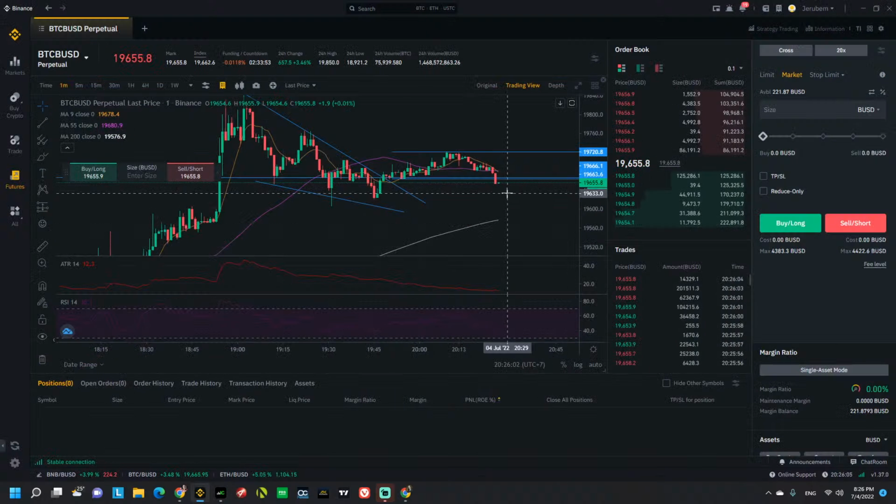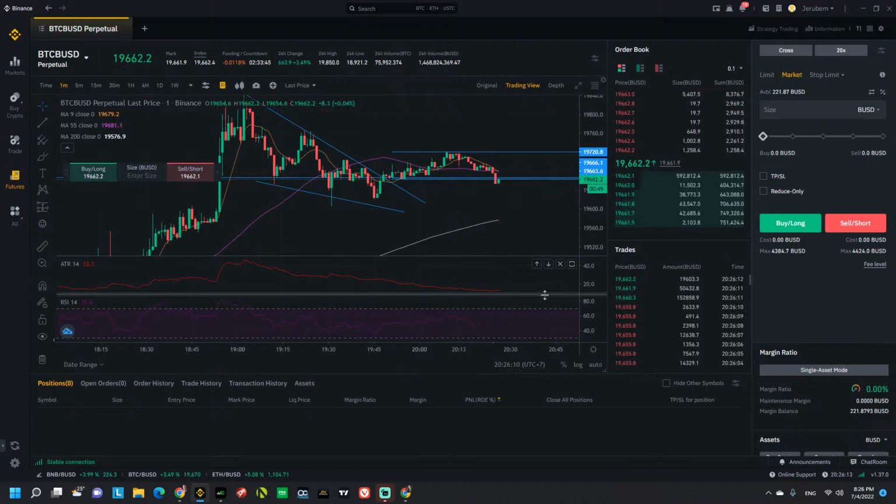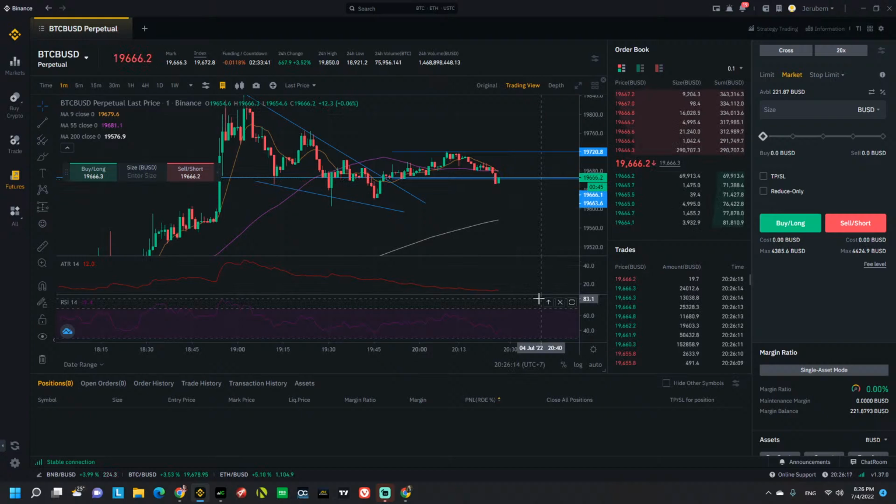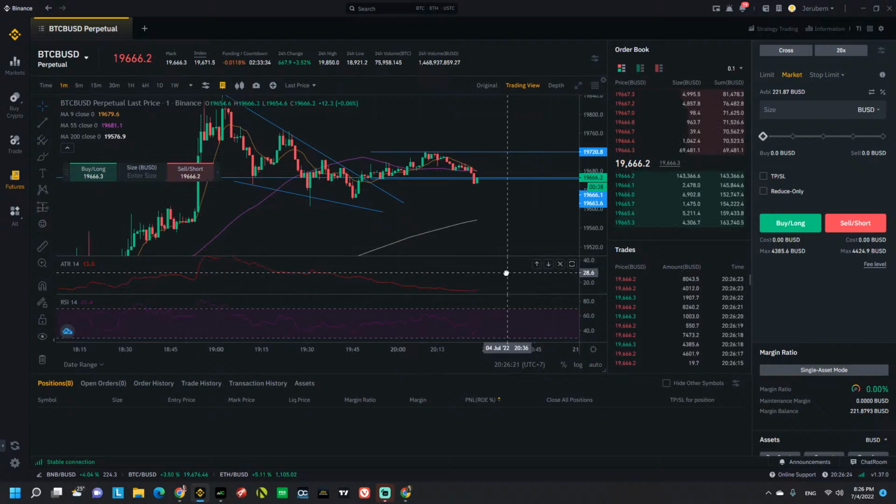So now it broke. Look at the, yeah, unless the ATR goes up, it's still a small movement.